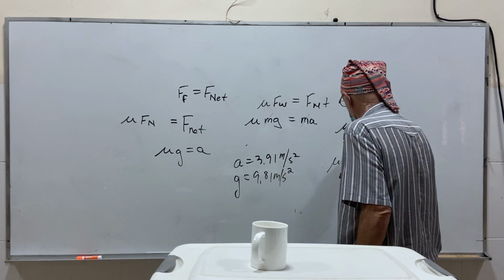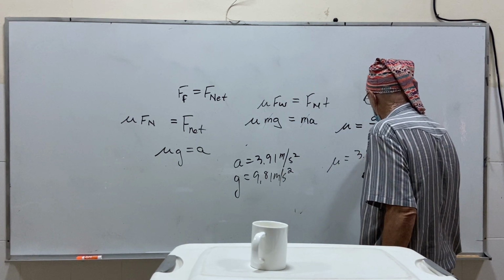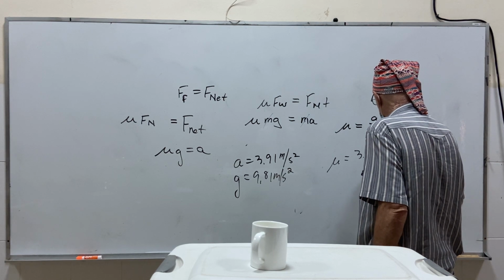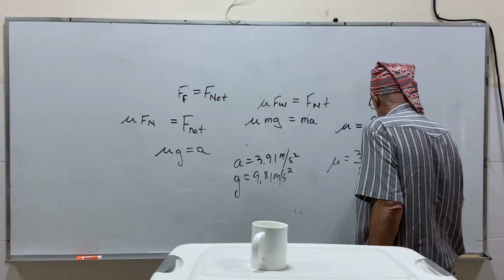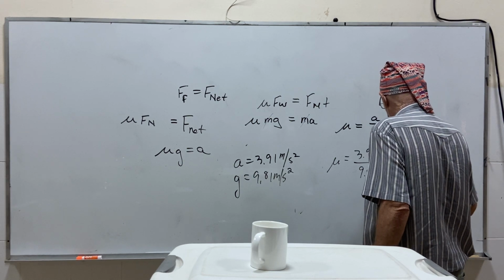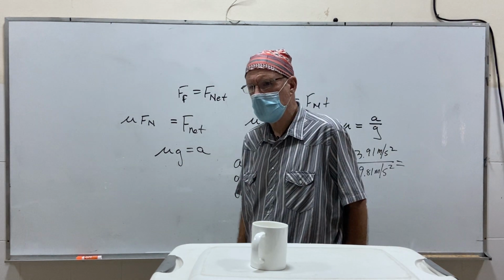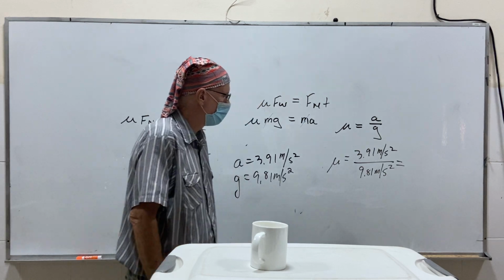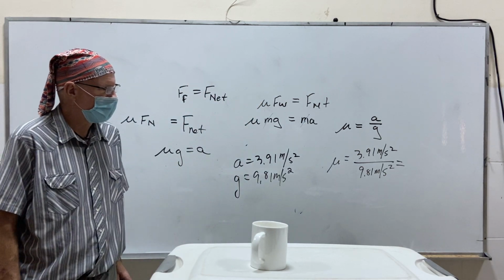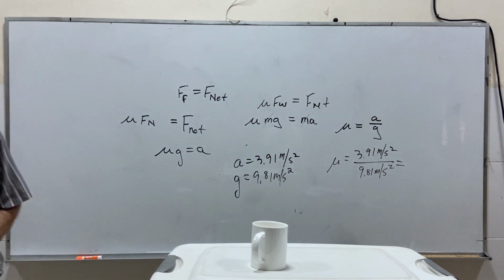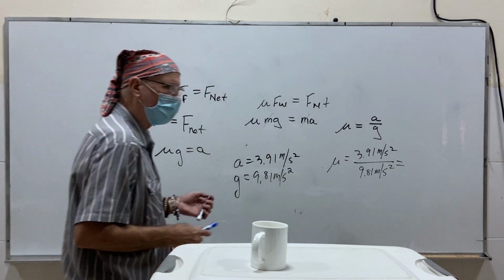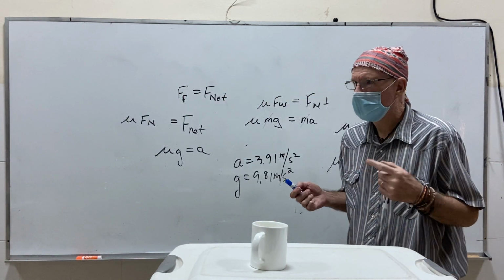So mu equals 3.91 meters per second squared divided by 9.81 meters per second squared, which equals what? What does 3.91 divided by 9.81 give us? 0.398, 0.399, 0.4.